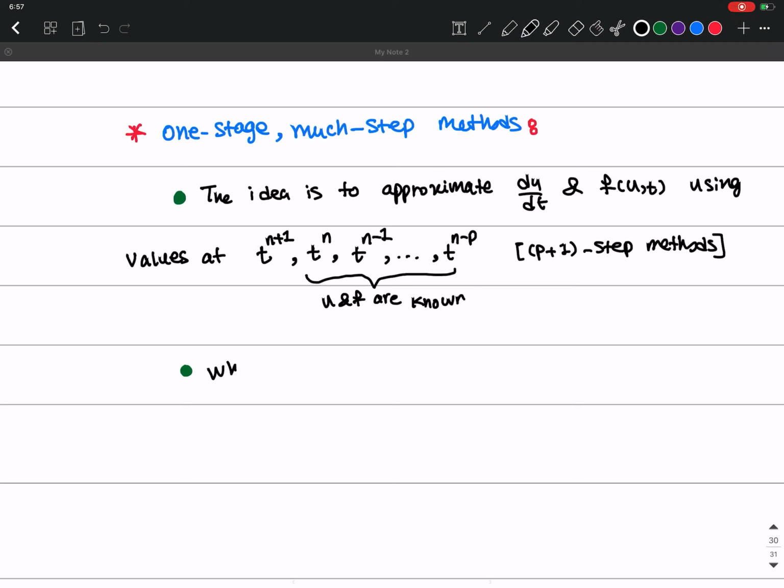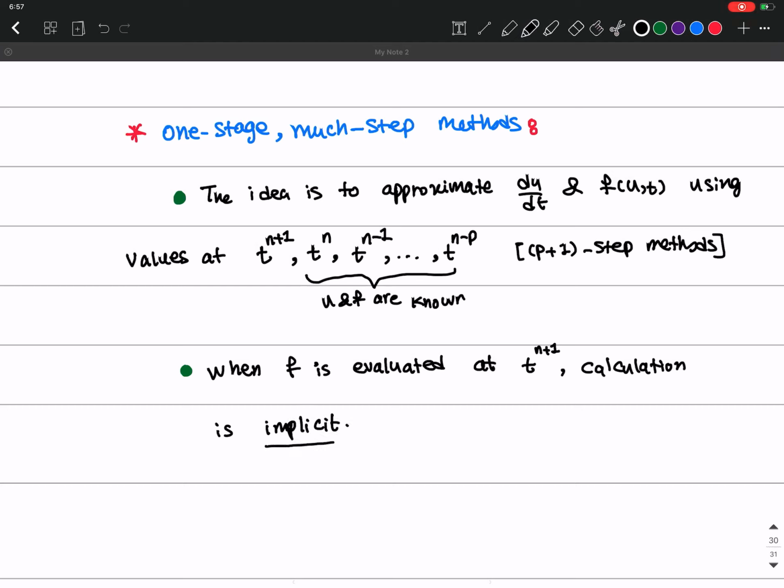So when f is evaluated at tn plus 1, the calculation is implicit, right?